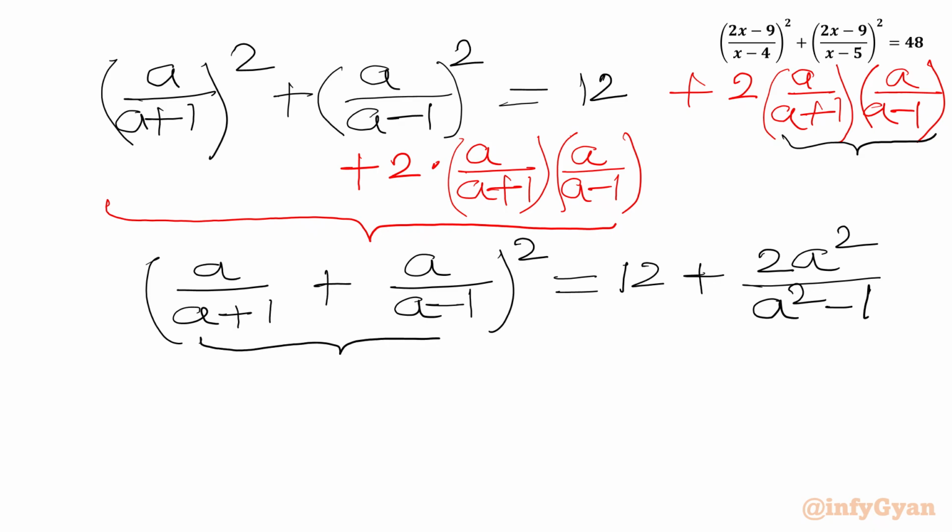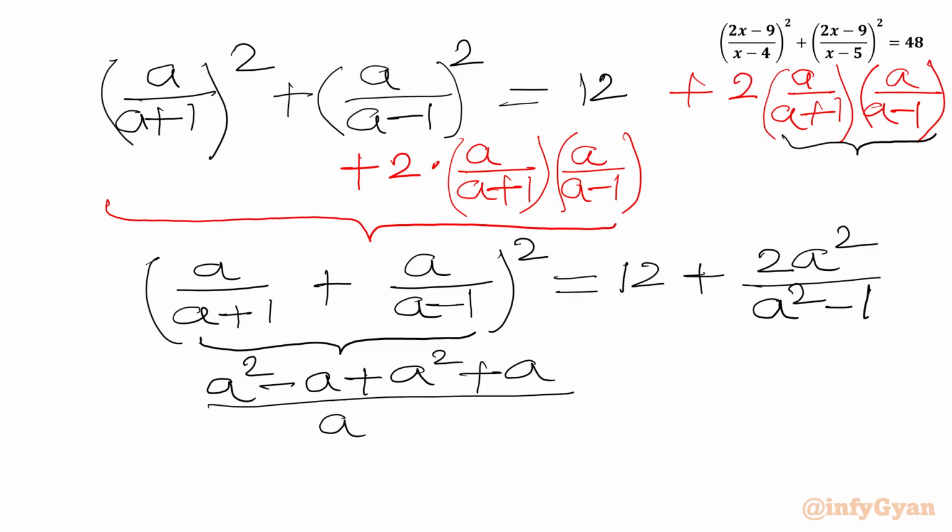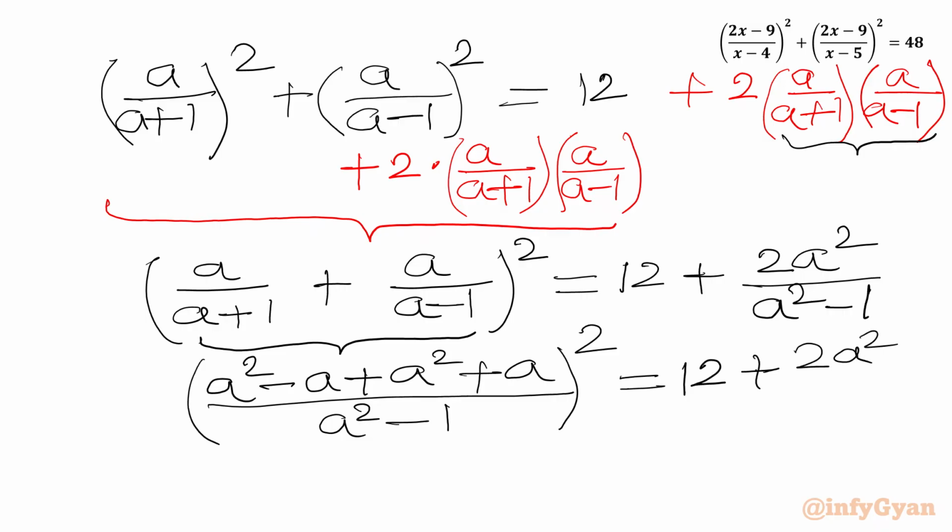Let's simplify this bracket: (a squared − a + a squared + a) over (a squared − 1) whole squared equal to 12 plus 2a squared over a squared minus 1.